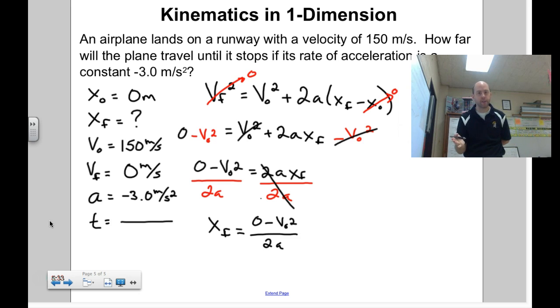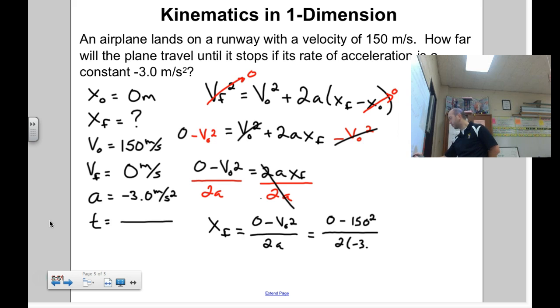So now all I have to do is plug and chug my numbers. I put 0 minus 150 squared over 2 times negative 3.0. Make sure that when you do the 150 squared, it's 0 minus 150 squared.